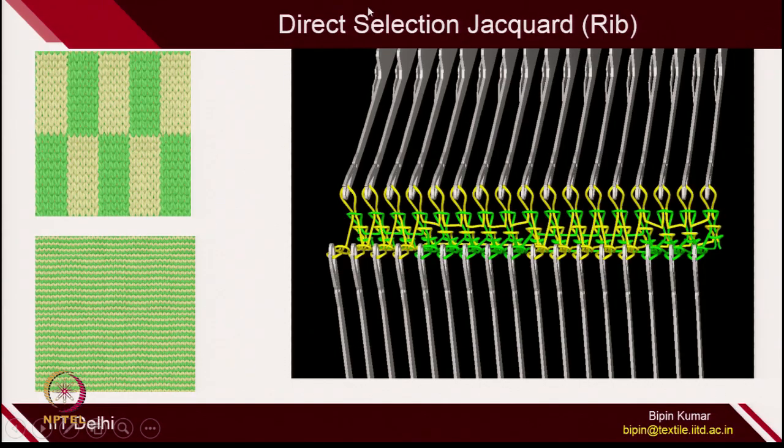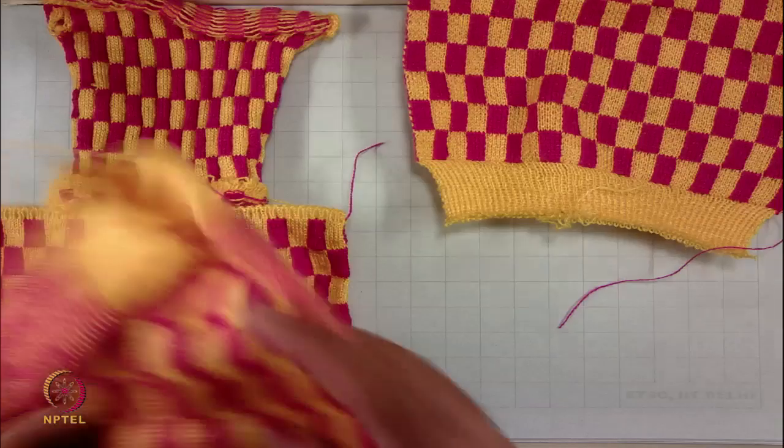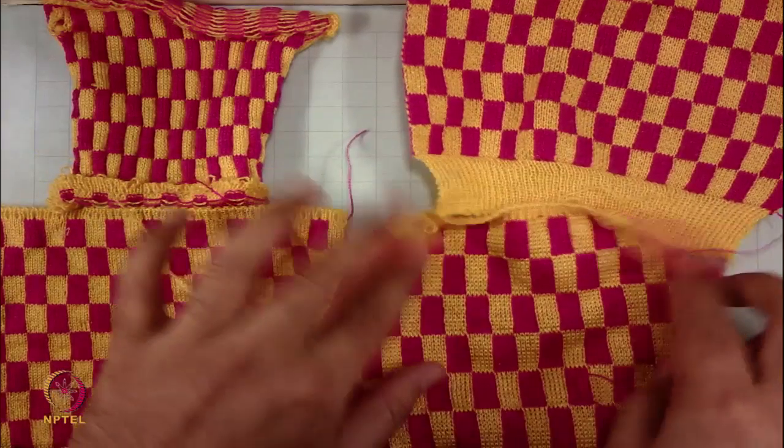Now let us go to the last part of jacquard, which is called rib jacquard. So here you are actually using rib architecture to make the appearance of loops on the surface. Let me show you first the rib design. So here is your rib jacquard.